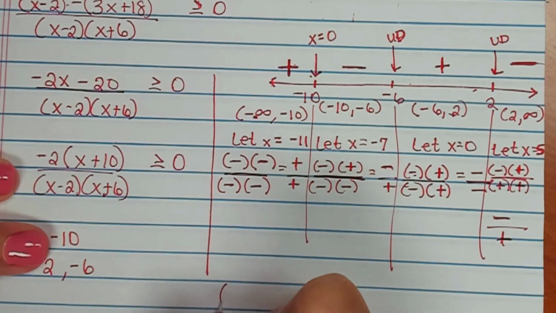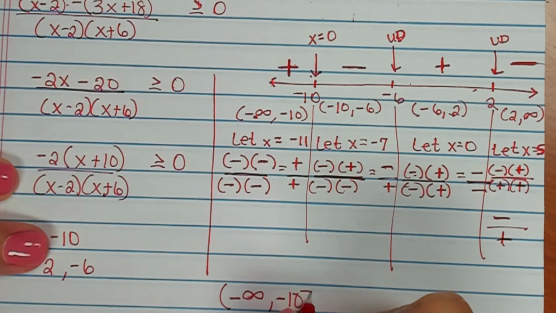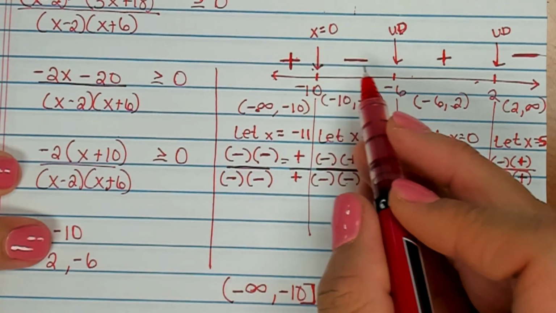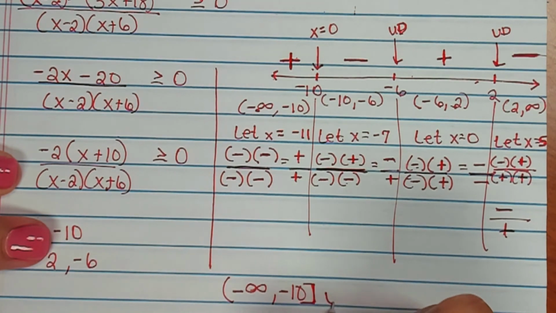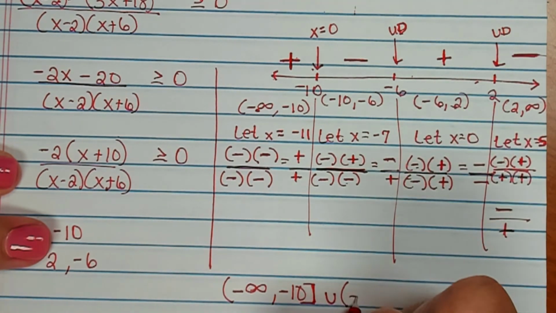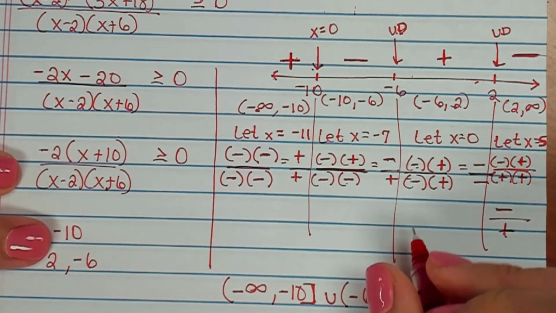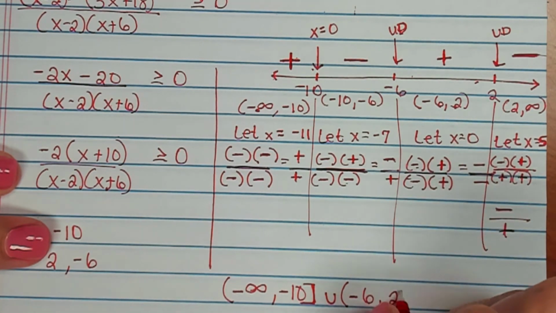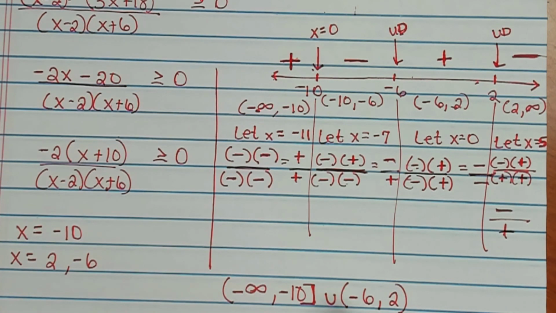My answer is going to be from negative infinity to negative 10. I can include negative 10 because that's where it is equal to 0. But then union, it is positive again from negative 6 to positive 2. And that is my answer.